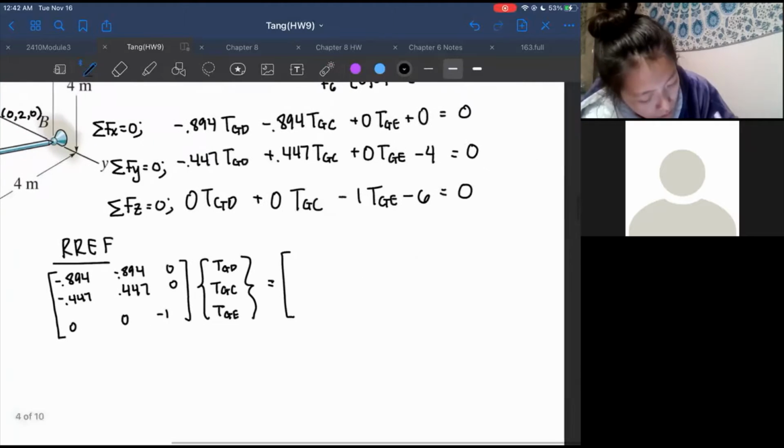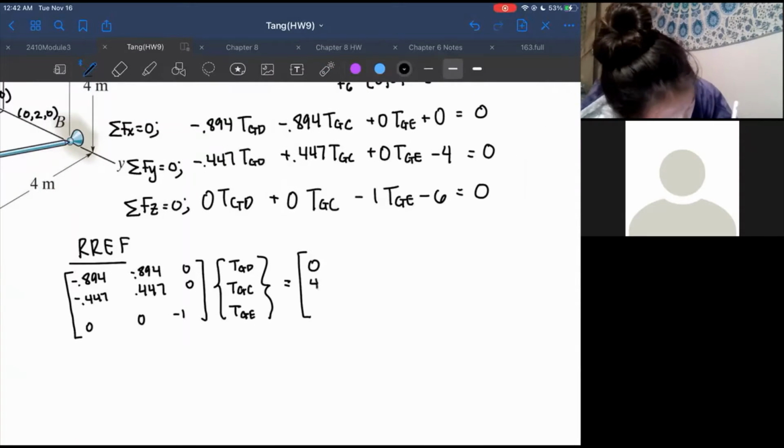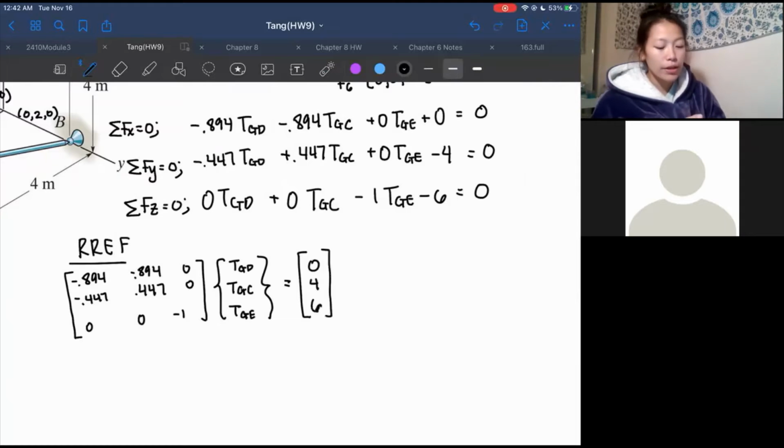That'll equal 0, and I'm going to move the -4 to the other side, so it'll be +4, and then -6 to the other side, so it'll be +6. And then I will just plug that into my calculator. We'll be making a 3x4 matrix.